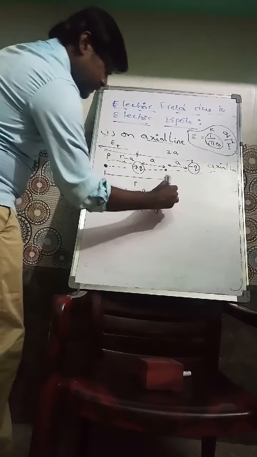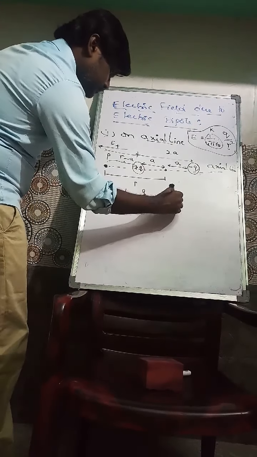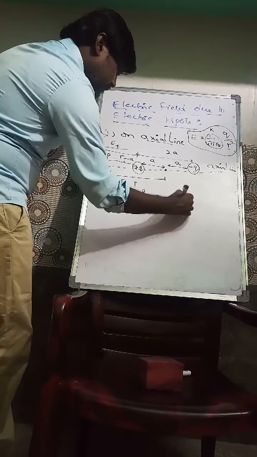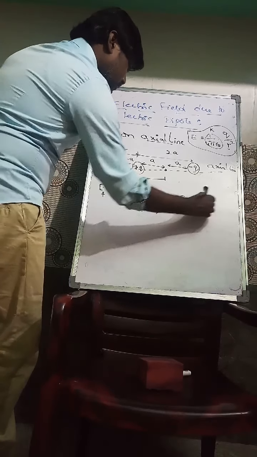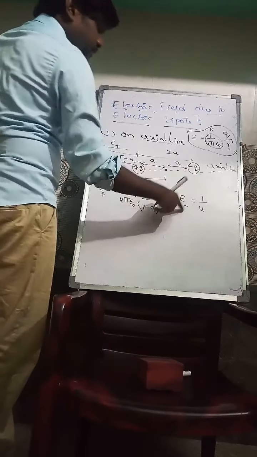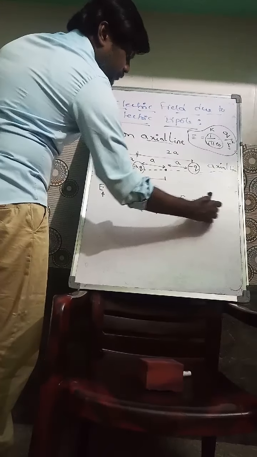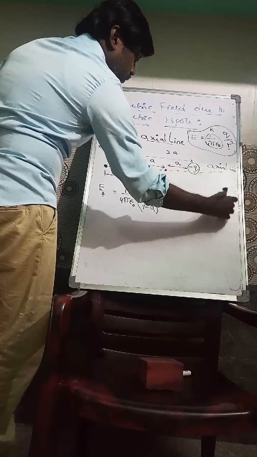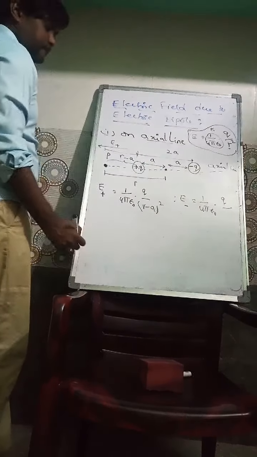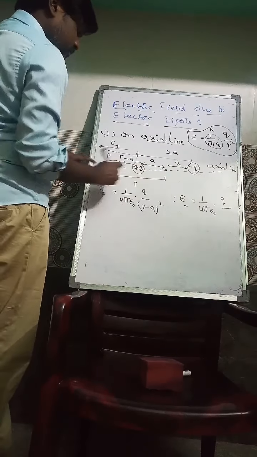And similarly, E minus also. E minus means the electric field at point P due to this charge: 1 by 4 pi epsilon naught, Q by the distance from here to here.